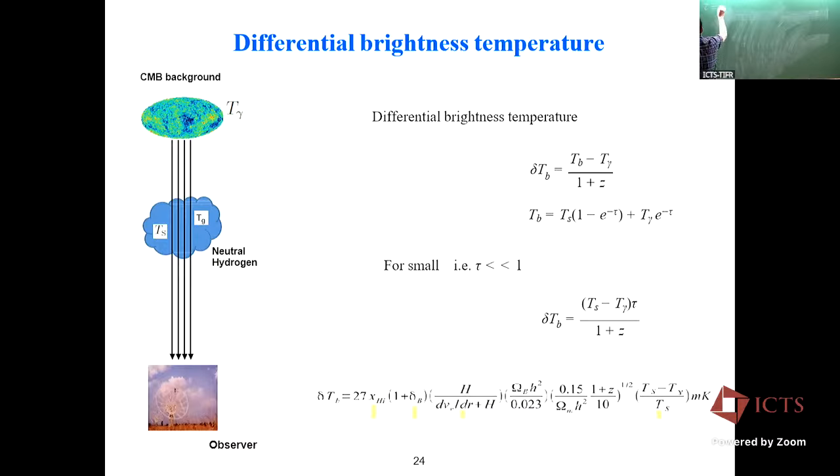Tau is, as I said, the integration of alpha nu dl, right? So alpha nu is the absorption coefficient.